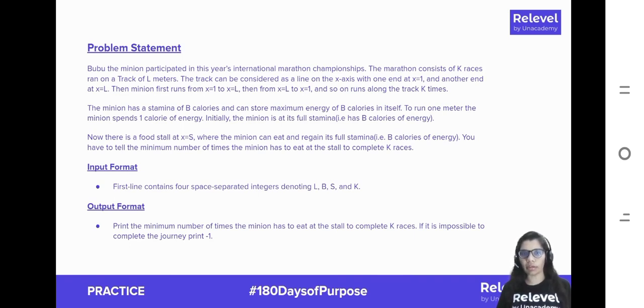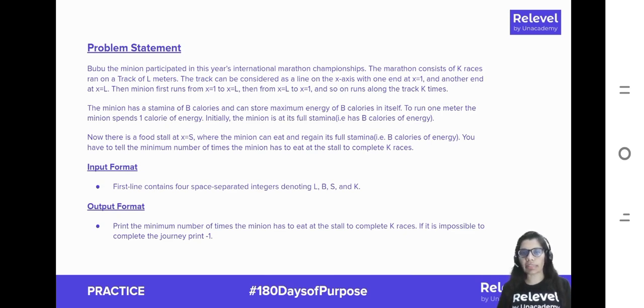Initially, the minion is at its full stamina, that is B calories of energy. So when the race is starting, at the initial point of time, the minion would be having its full stamina, that is B calories of energy. Now, there is a food stall at x equals S. So basically, there would be a food stall at some point S on your track where the minion can eat and regain its full stamina, that is B calories of energy.